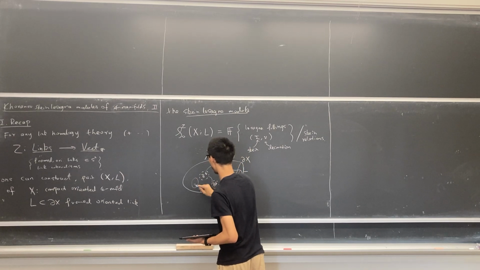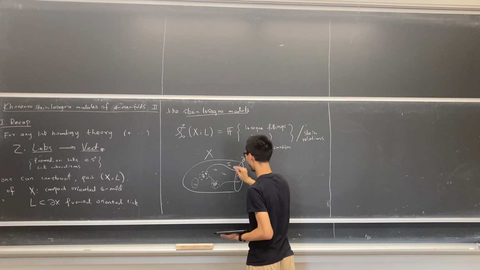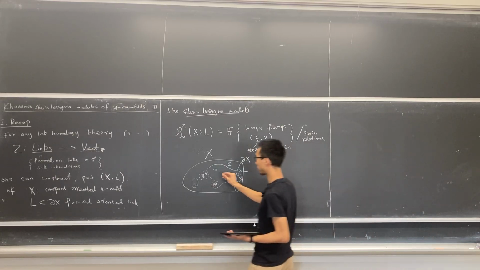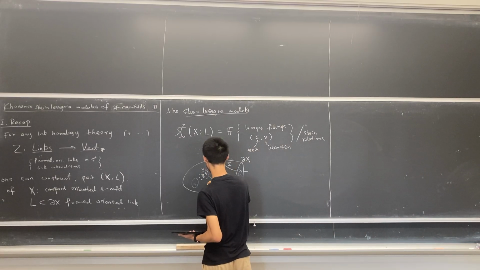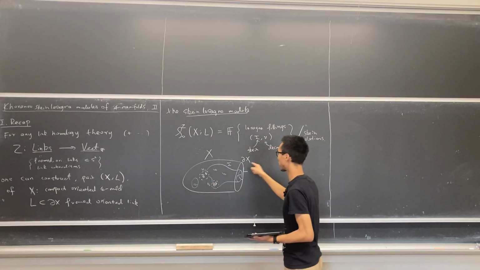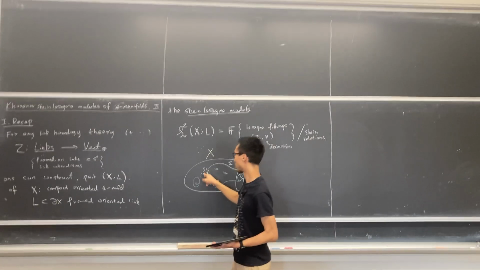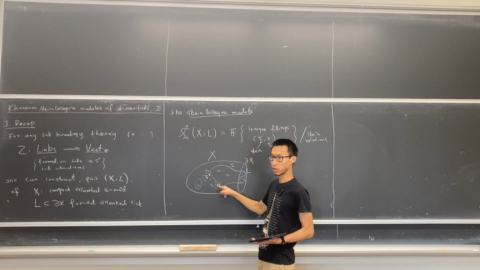This is my skein, and the decorations are some labels v1 tensor v2, etc., in the homology of the links on those so-called input links.